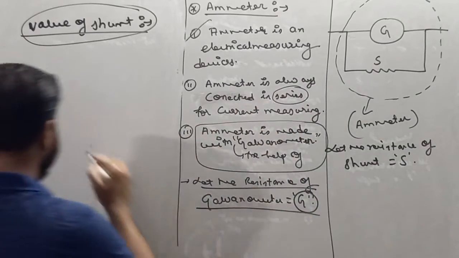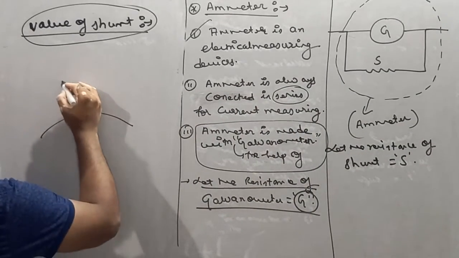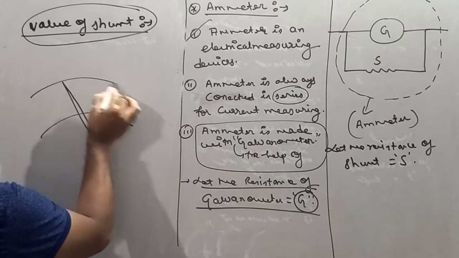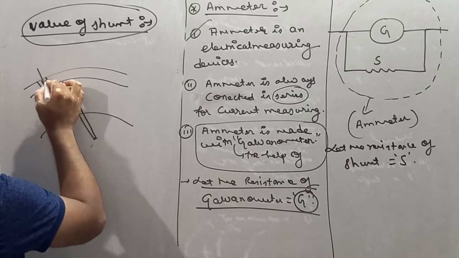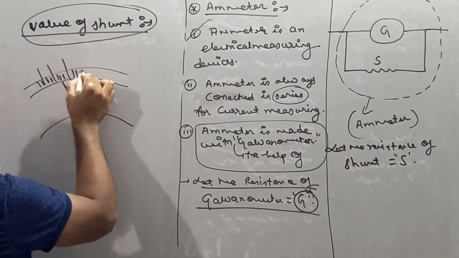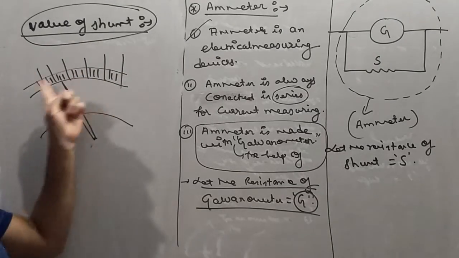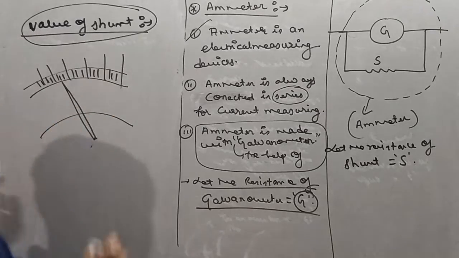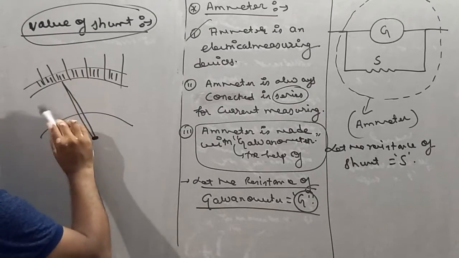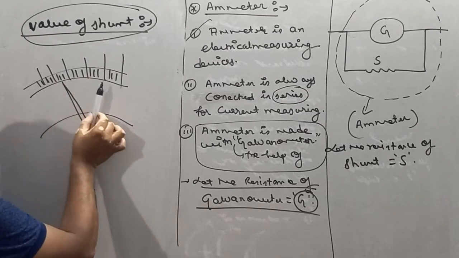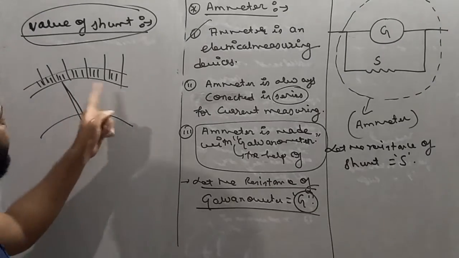Let's suppose we have a galvanometer with a needle, and in the upper part there is a meter in which the reading is shown. This is the needle; if current is there, the needle deflects. If current is not there, the needle cannot deflect.